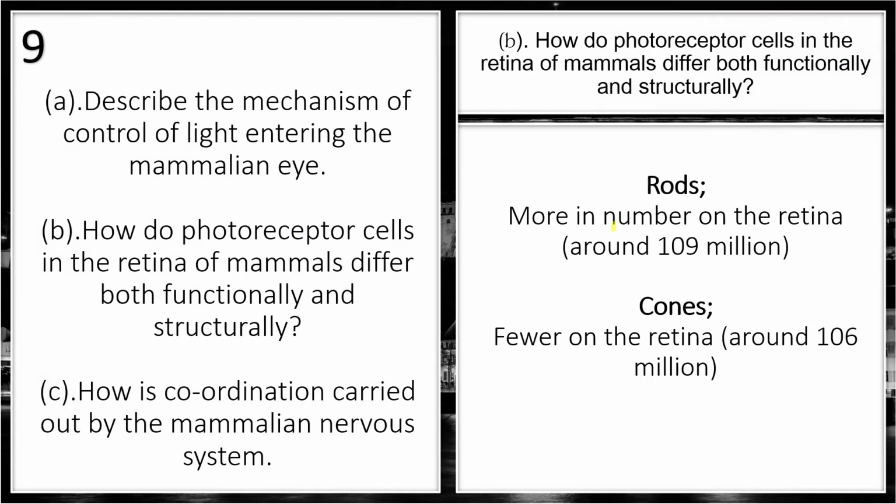There are more rods in the retina, about 10^9 million, and there are fewer cones in the retina, around 10^6 million.